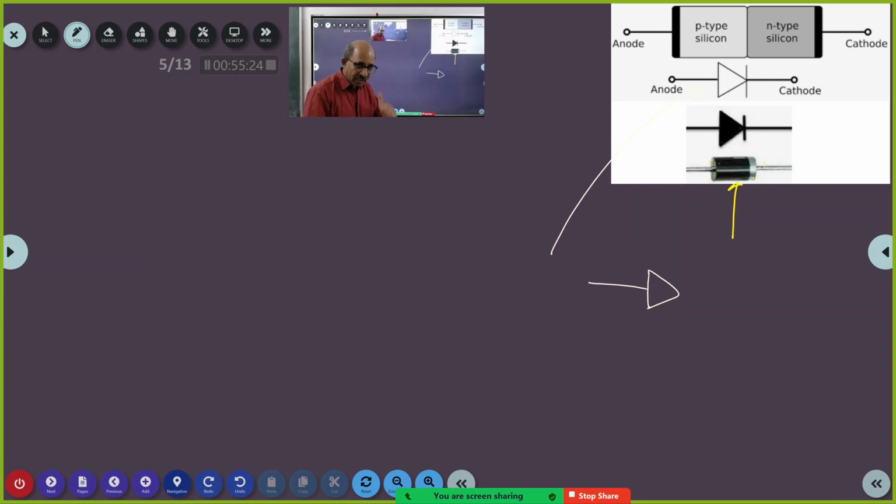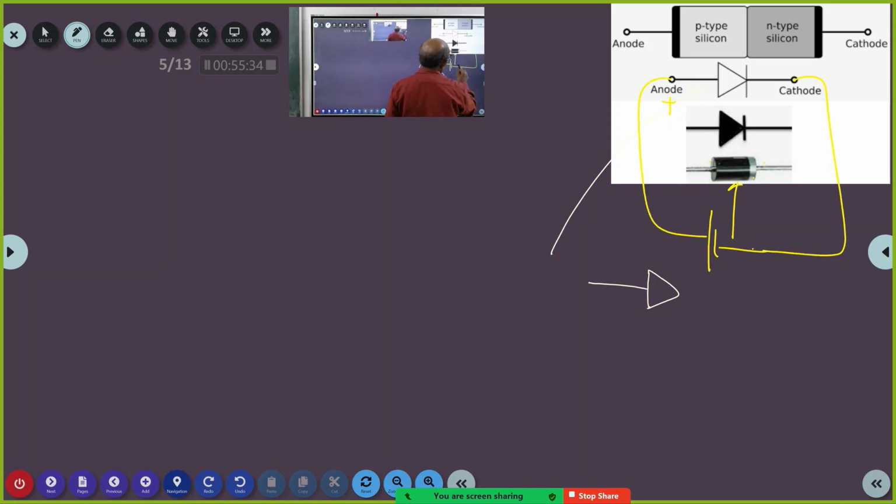So here the thumb rule is, if you forward bias this, that is you connect a battery here like this, the direction in which the conventional current goes is the direction that is chosen. And simply we have chosen this line just to make it look like a direction. That's the idea.